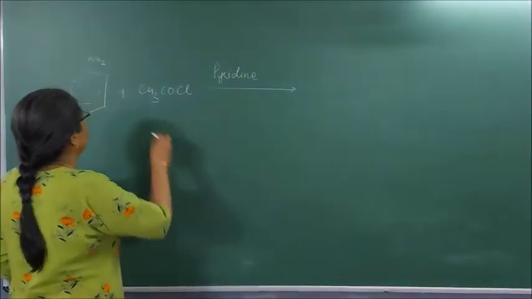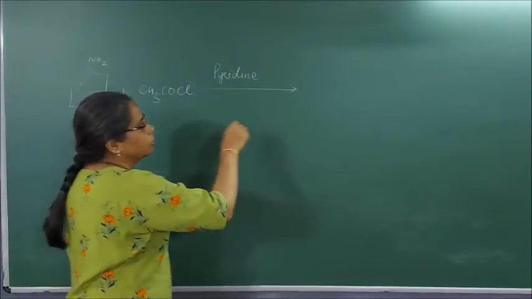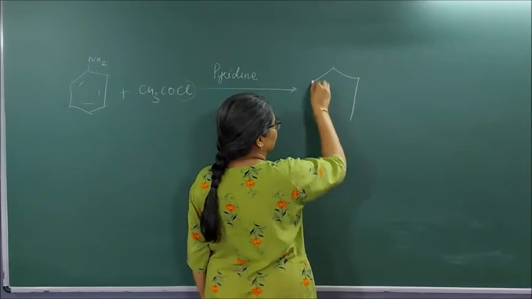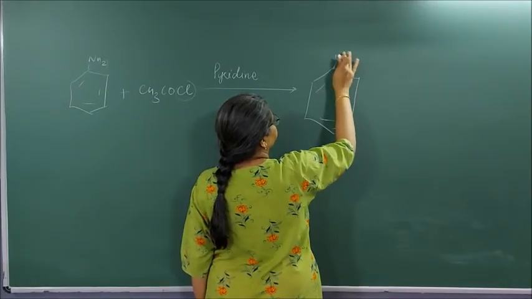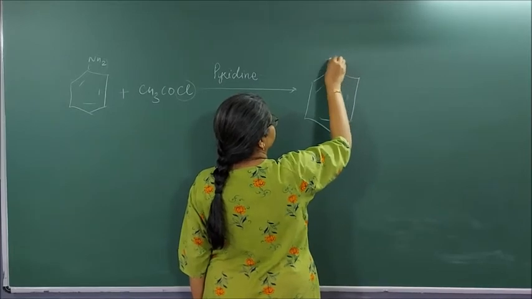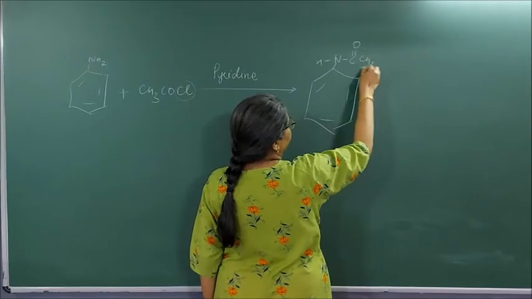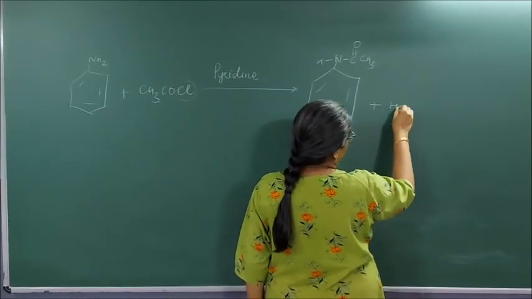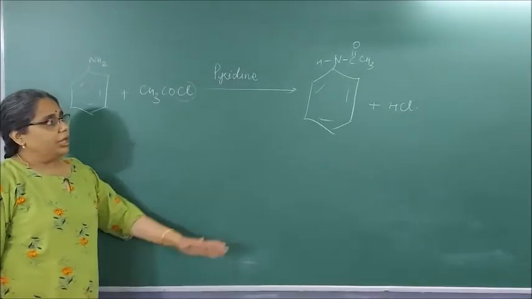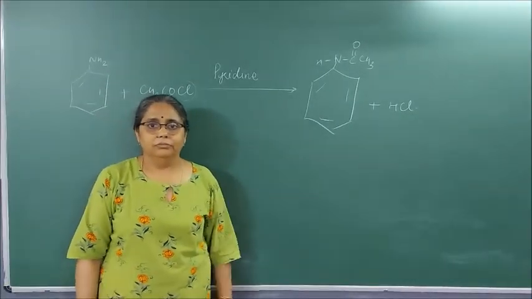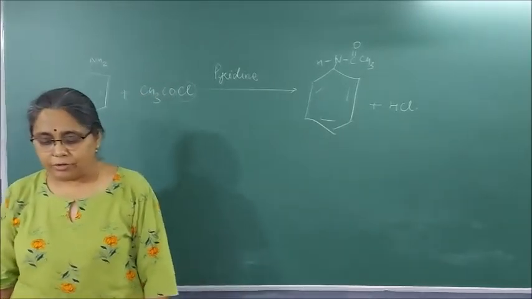So now see, from here one H will be removed and the Cl will be removed. So you will get a compound, what? C6H5NH C double bond O CH3 plus HCl. Can you name this compound? This was taught before.